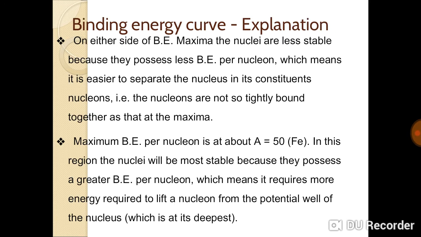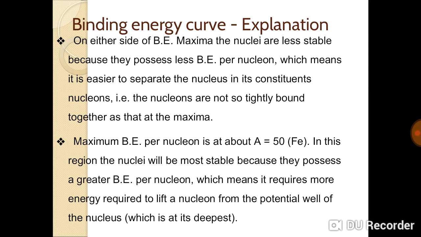On either side of binding energy maxima, the nuclei are less stable. This is because they possess less binding energy per nucleon, which means it is easier to separate the nucleus into its constituent nucleons. That is, the nucleons are not so tightly bound together as at the maxima.